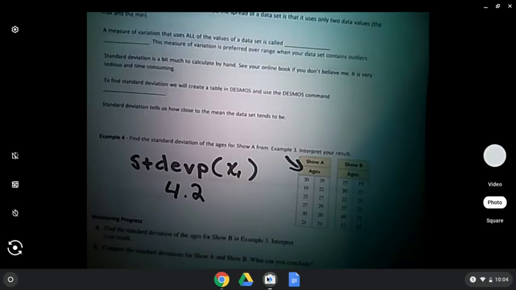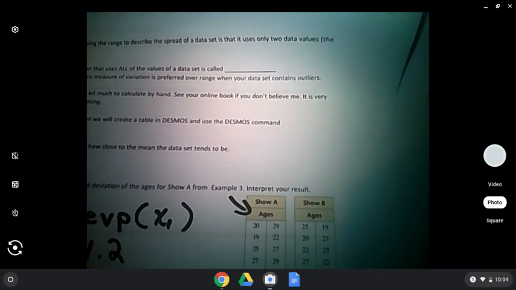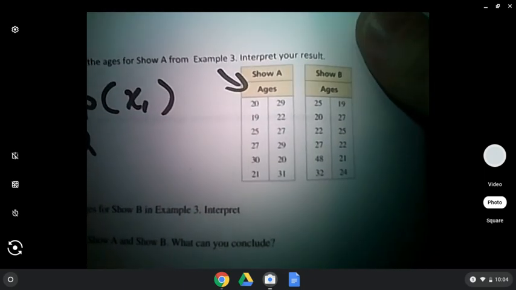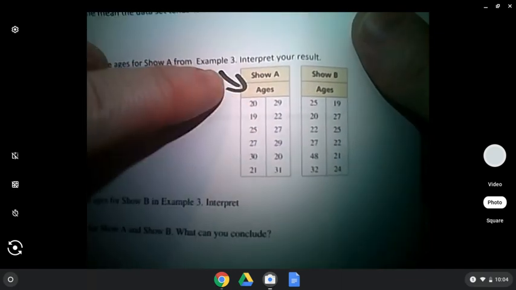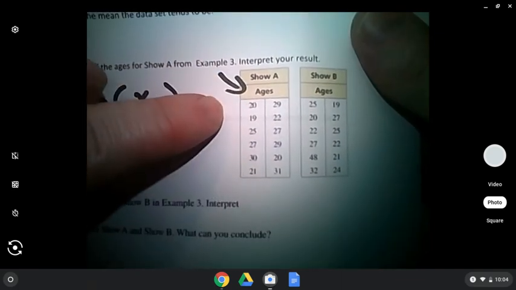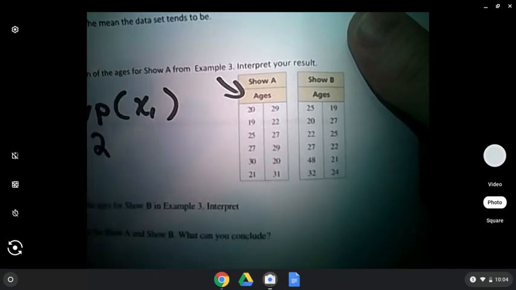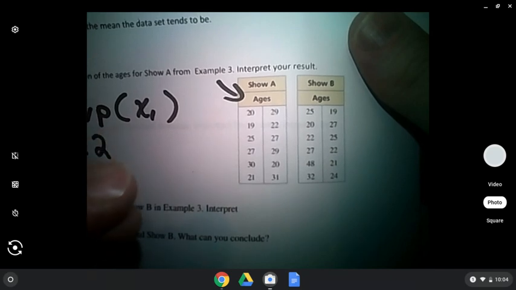So all that means is when you see all these different numbers here, we have all the different ages we used. You see that they're spread out. Remember, we've already gone over the range. The range went from 19 to 31. So that seems like a very large spread, but a lot of people are clumped in the middle.